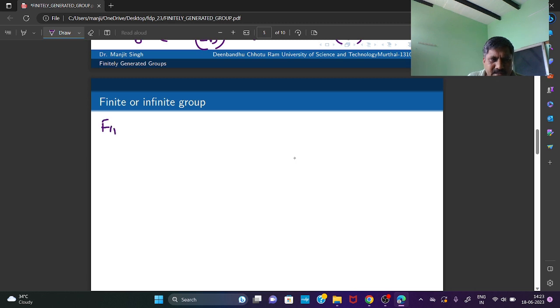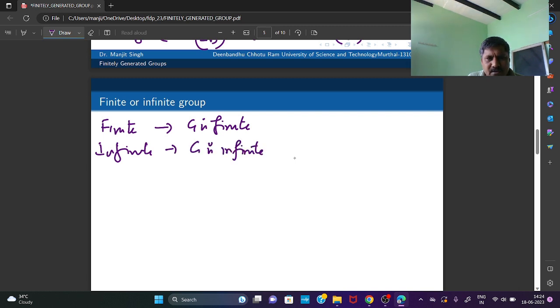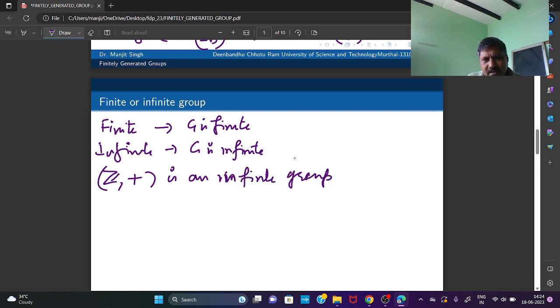A group is said to be finite if G is finite, and infinite if G is infinite. So finiteness or infiniteness depends upon the underlying set G. Examples of infinite groups: the set of integers is an infinite group, but it is a finitely generated group.